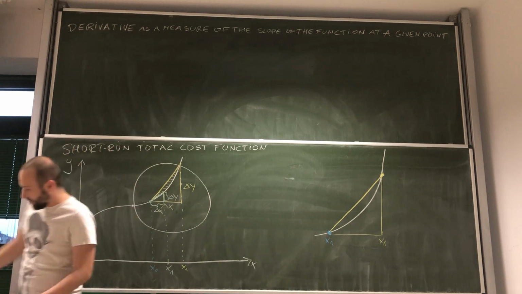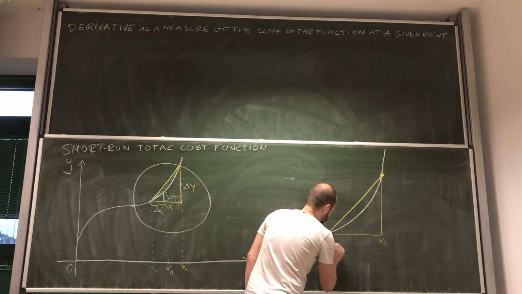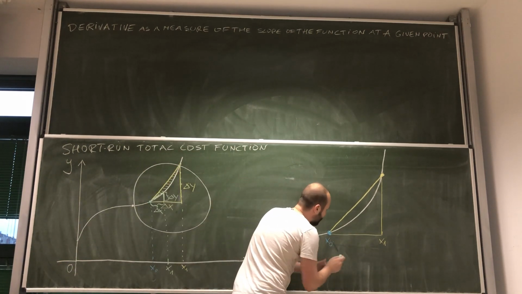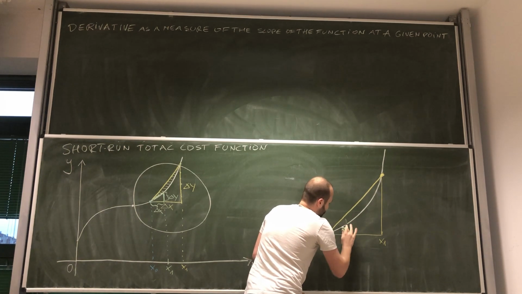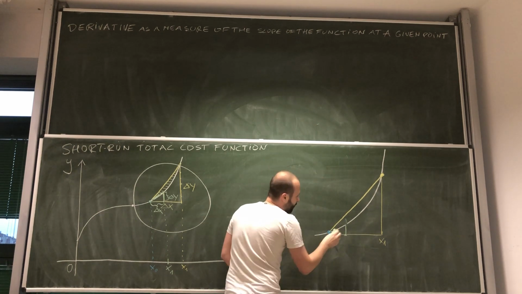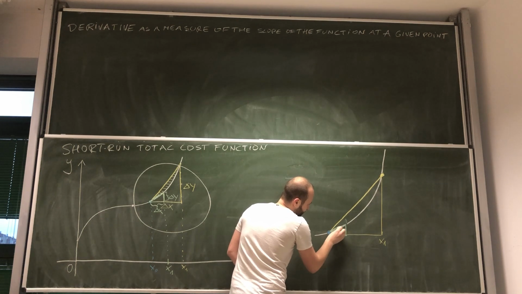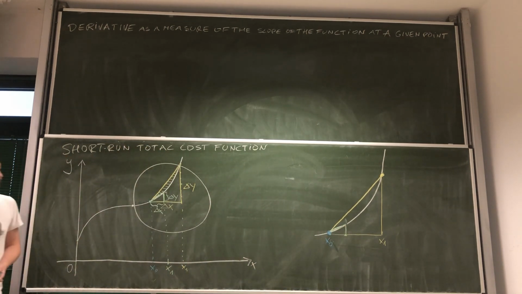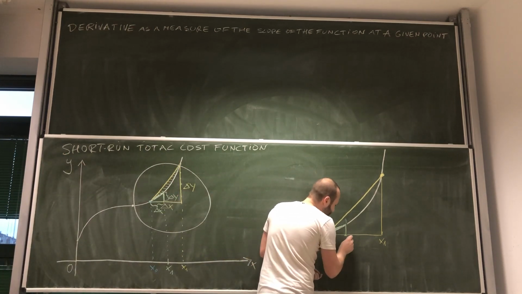Now, when I introduce a lower x1, just say here, then this triangle has become way smaller, and because of that, we see that this measurement error got smaller. And look, but this measurement error still exists.